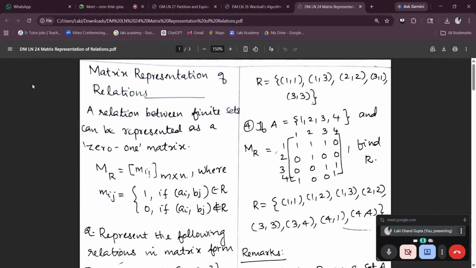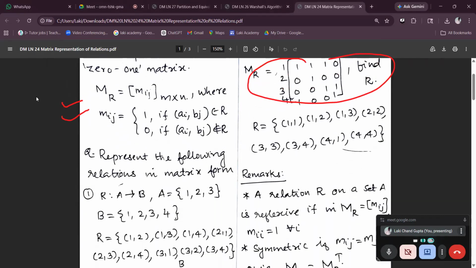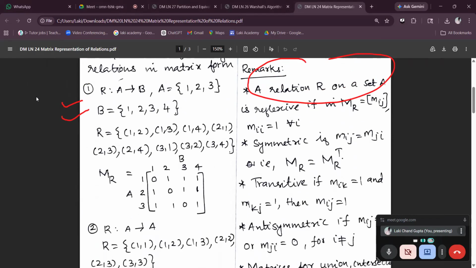Now see this matrix representation. For example, this relation. What is relation? You know how to represent it in matrix? Don't know, no problem.